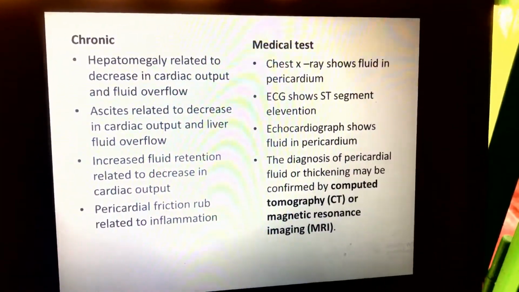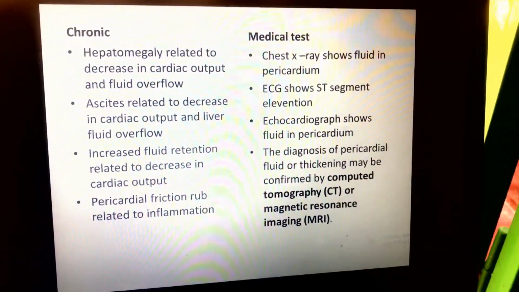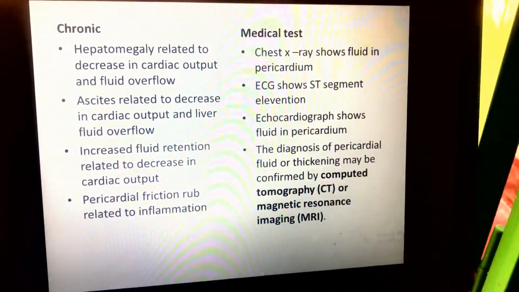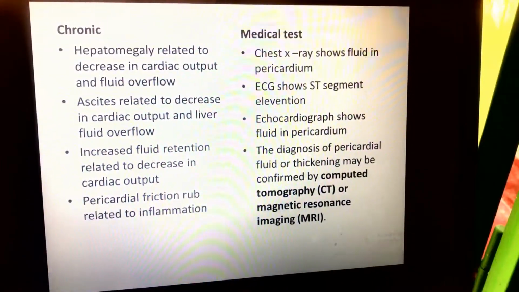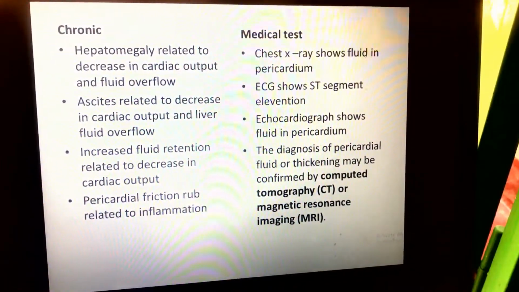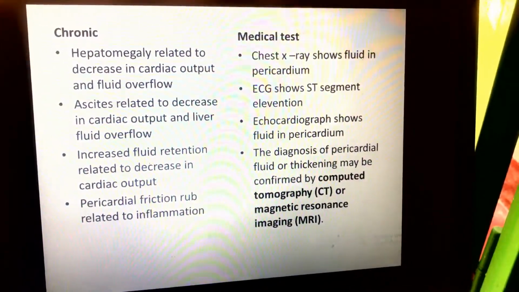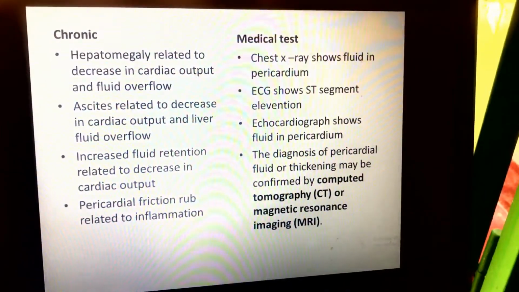In chronic pericarditis, we will have hepatomegaly related to decrease in cardiac output and fluid overflow. We can also have ascites related to decrease in cardiac output and liver fluid overflow. Ascites is accumulation of fluid in the peritoneal cavity.